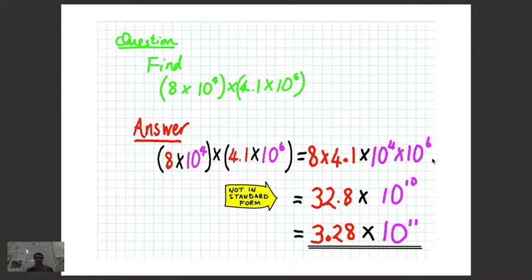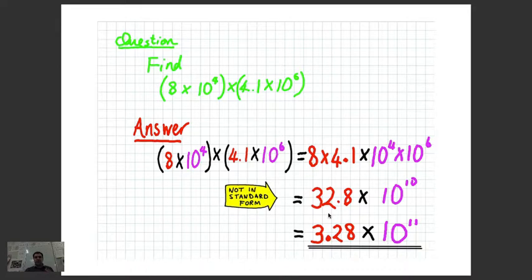So it's just changing the order of the calculation. 8 times 4.1 is 32.8, and 10 to the 4 times 10 to the 6 is 10 to the power of 10, because the rule is you add the powers. 4 plus 6 is 10.